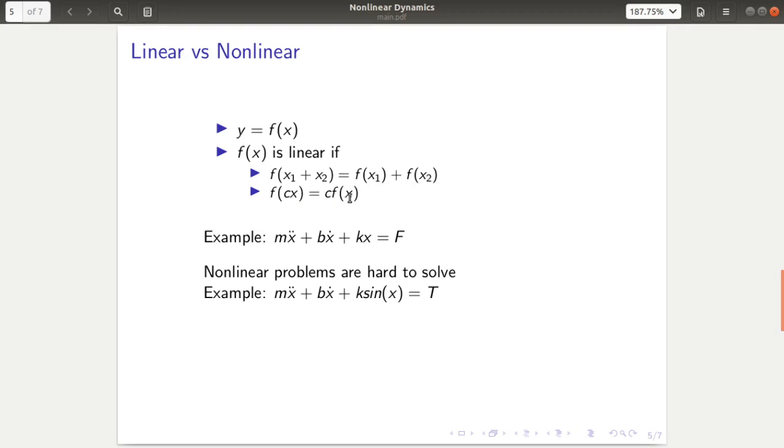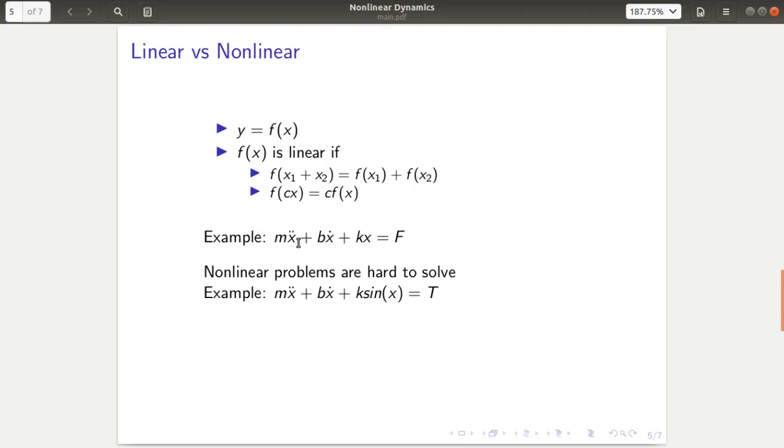Those two things will be the same. And if this property is satisfied along with the previous one, then I can say this function f of x is a linear function, okay.